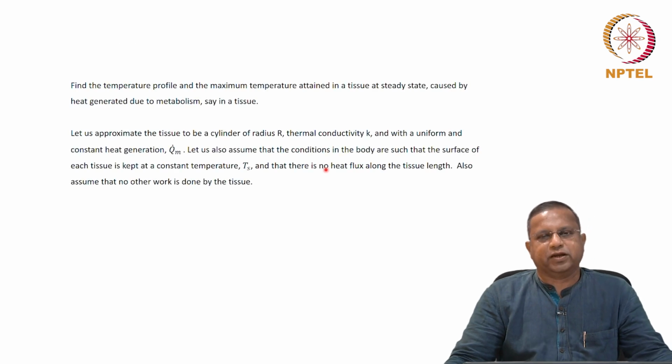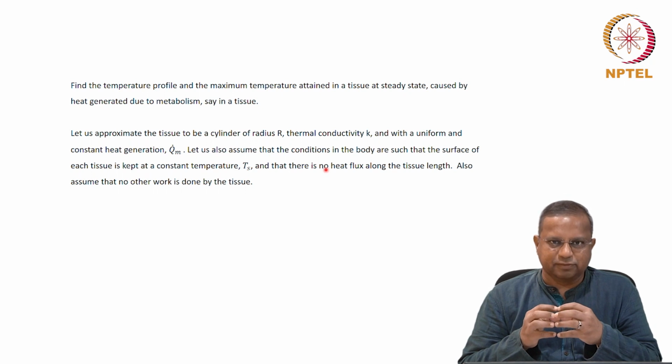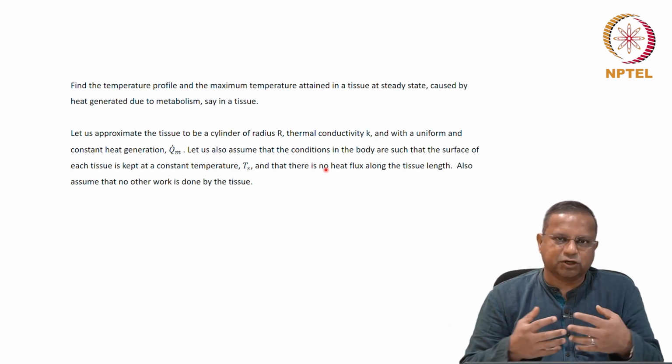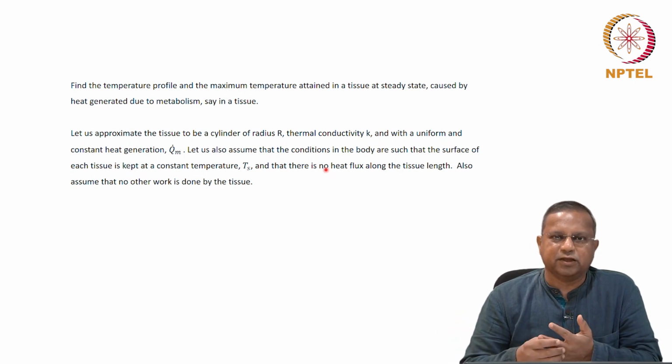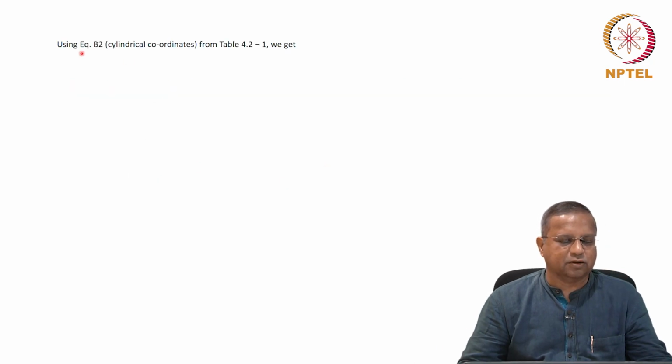The way we can approach this, now that we have the equation of thermal energy, is we go to the appropriate coordinate system, pick up that equation, cancel out the irrelevant terms, and whatever remains is the governing equation for our case. That's the beauty of this. So we can go to equation B2, cylindrical coordinates.